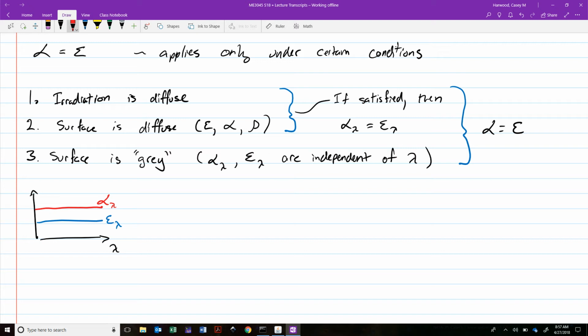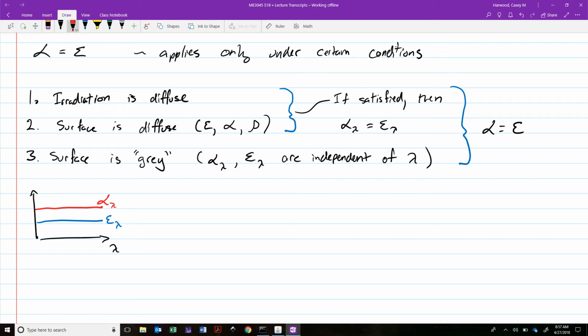Okay. This satisfies point number 3. But if we look at points 1 and 2, we don't know whether they're diffuse. We don't know, but we can say that numbers 1 and 2 together state that alpha sub lambda and epsilon sub lambda should be equal. These aren't equal.